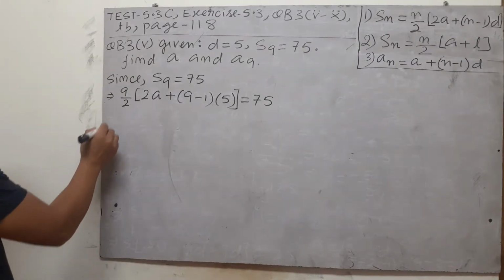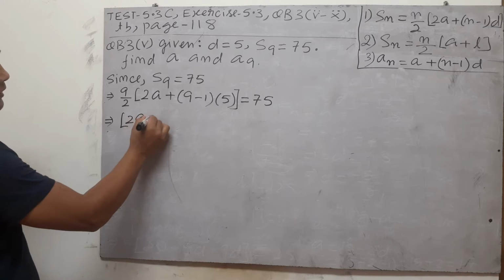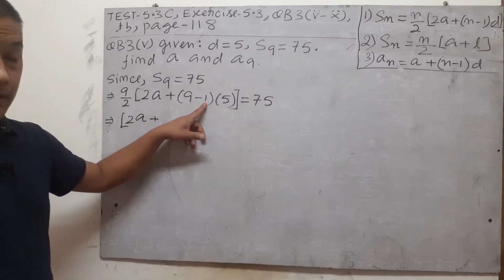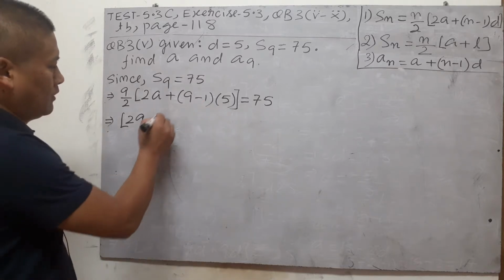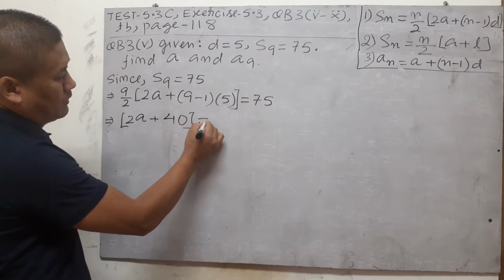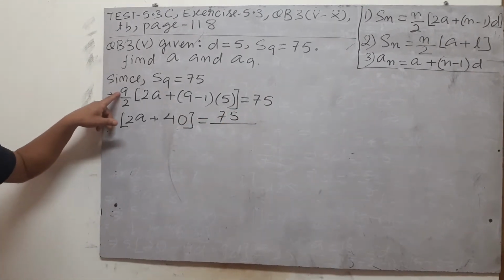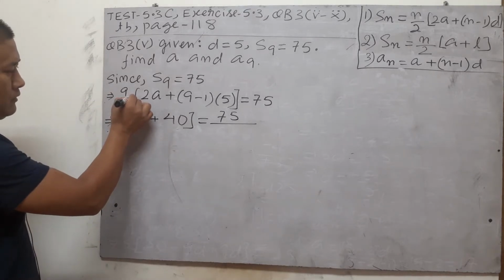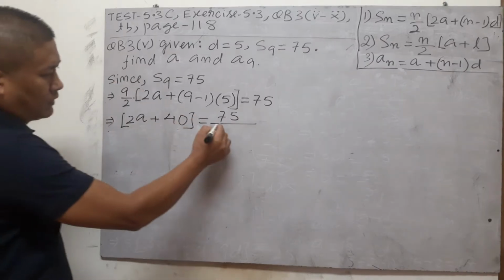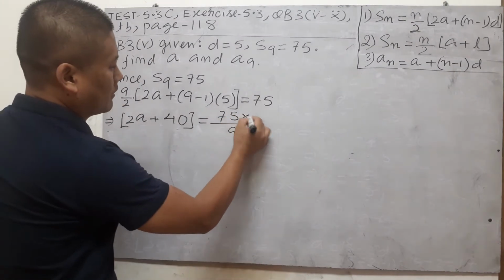And as we solve this, we're going to get 2a plus 9 minus 1 is 8, right? So 8 5s are 40. So 2a plus 40 equal to 75 divided by 9 by 2. If you shift this 9 by 2 to the right side, no sign means multiplication, so 9 will go down and 2 will go up.